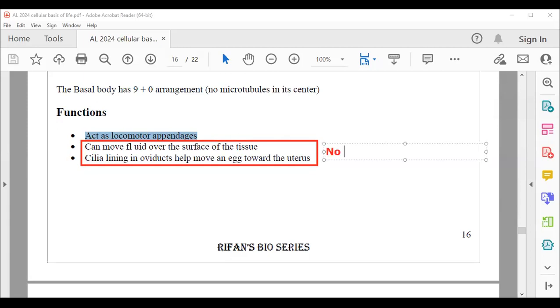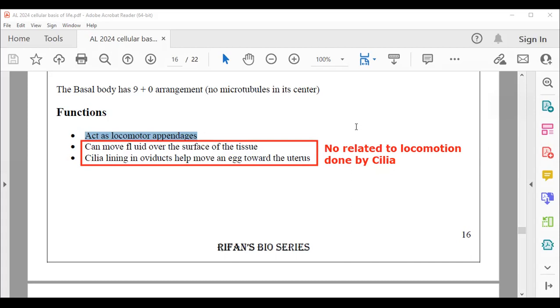These two are done by whom? Cilia. That means you can make a decision: flagella is involved only in locomotion.